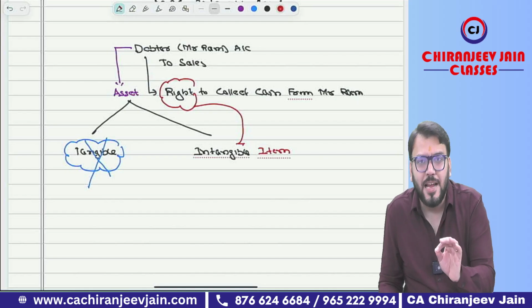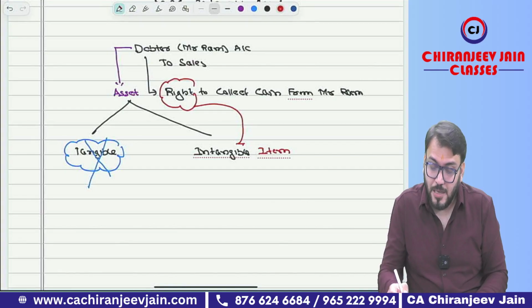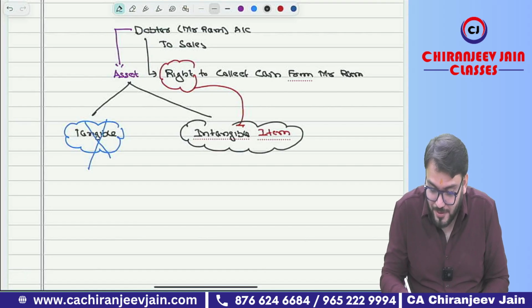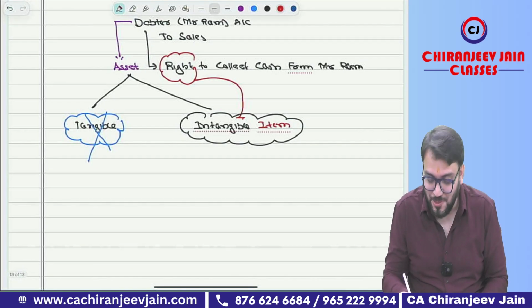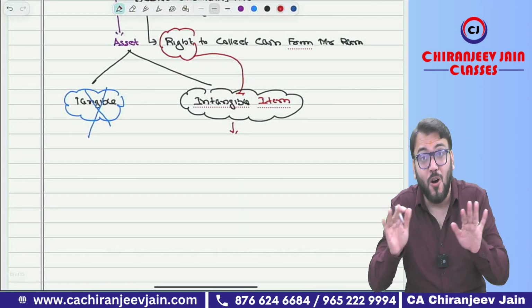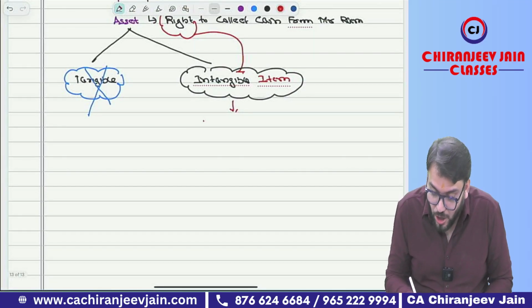The right is not tangible. The right is intangible, and therefore this debtor is an intangible item, but it is not an intangible asset. Oh, what you said, sir? So this debtor is an intangible item, but all intangible items are not intangible assets.